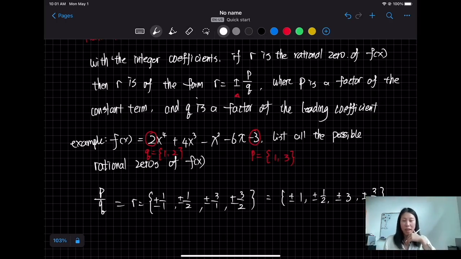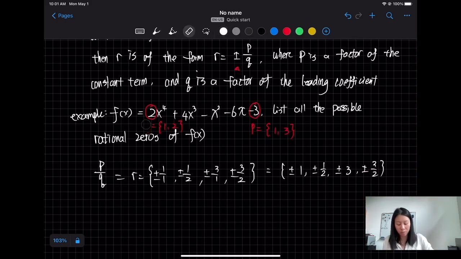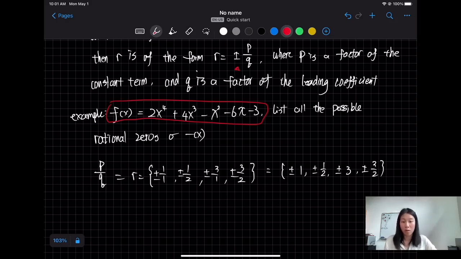Okay, so what is the application of finding all of these possible roots? For example, let's use the same polynomial. Now I ask you, find me all of the horizontal intercepts. How would you do that? Well, we know that the horizontal intercepts are also the zeros or the roots of this function.